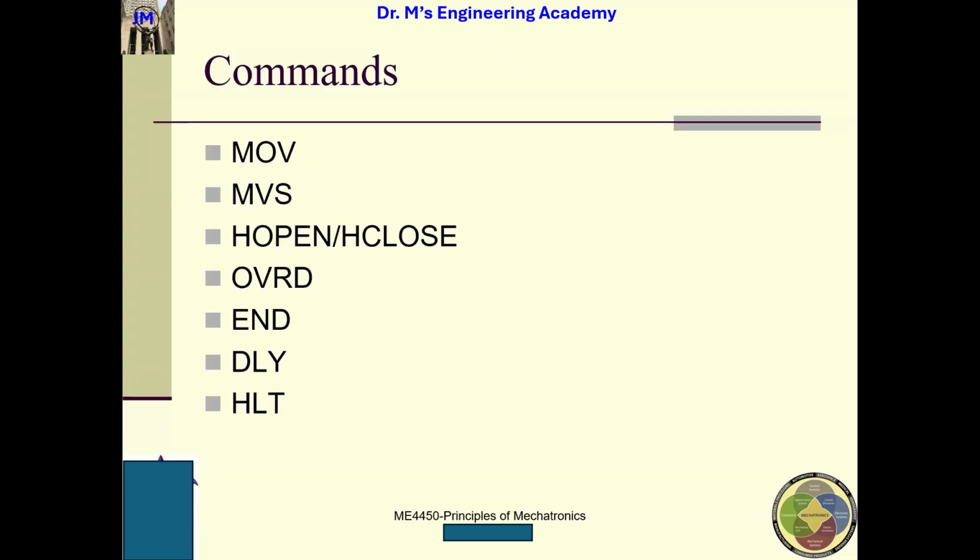I want you guys to write down: delay after the move statement will ensure that the hand moves to the desired location precisely. Otherwise, the hand just goes there, and before it moves to its precise location, it goes to another statement, if you have another move statement.